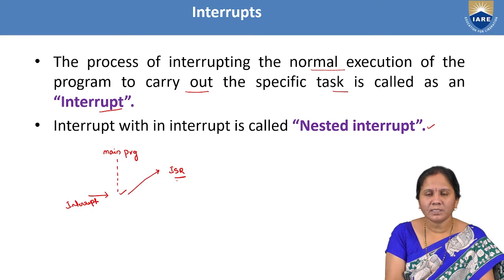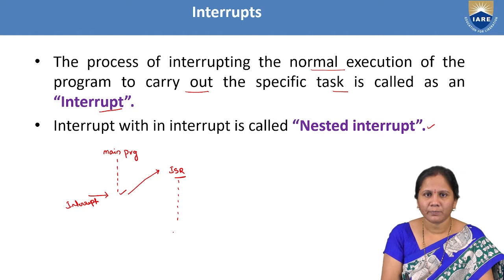ISR is a small program which we write separately in order to perform a specific task, and it also consists of some set of instructions. At the end of the interrupt program, we have to write the instruction IRET.